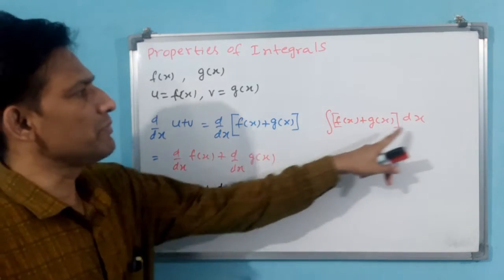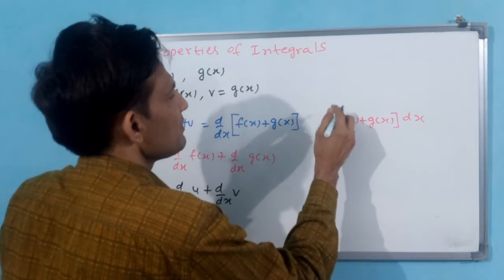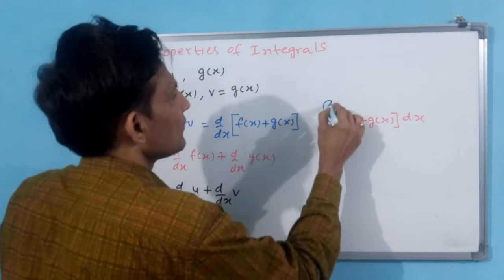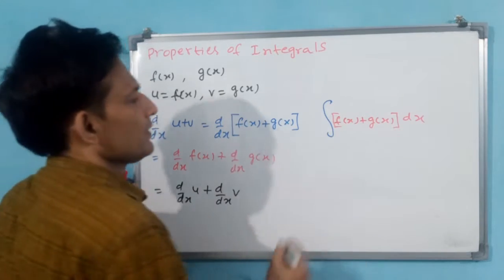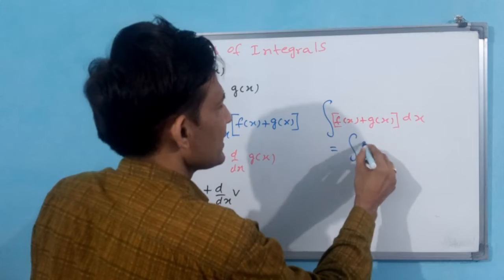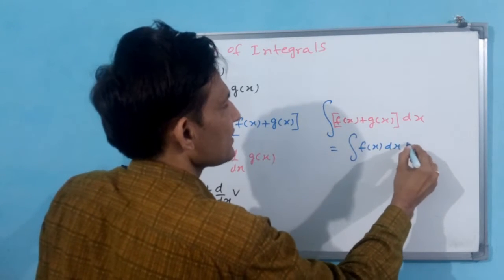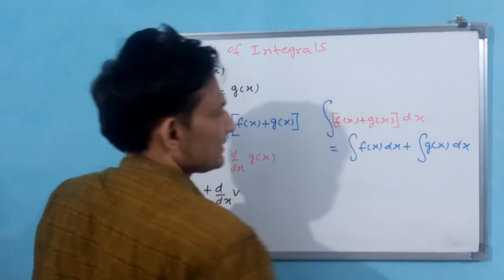Both the integral symbol and dx should come. You take a little bit bigger elongated S. This is equal to the integral of f of x dx plus the integral of g of x dx.